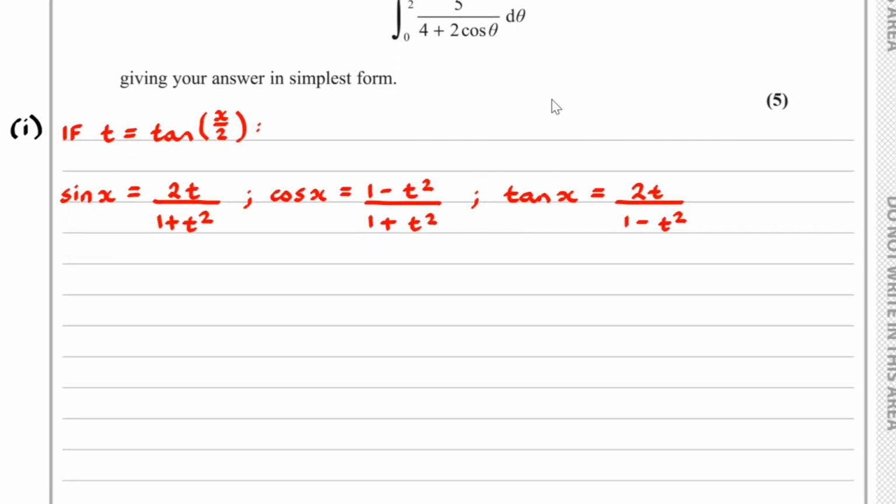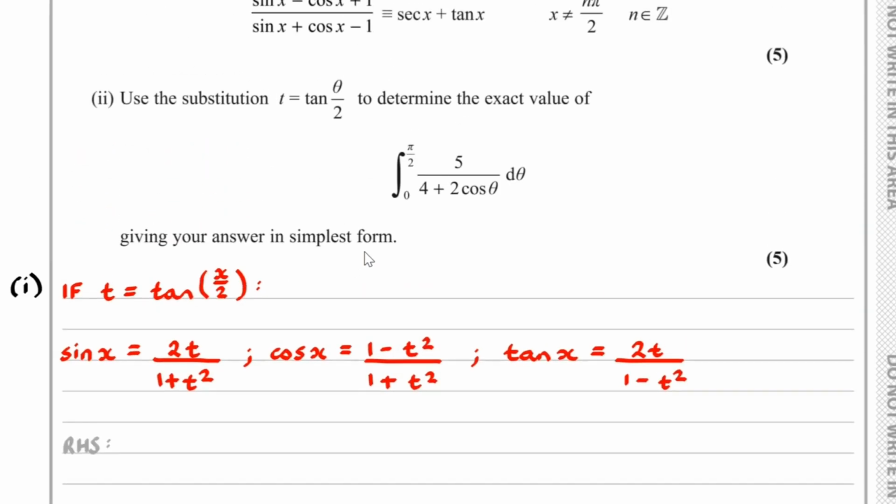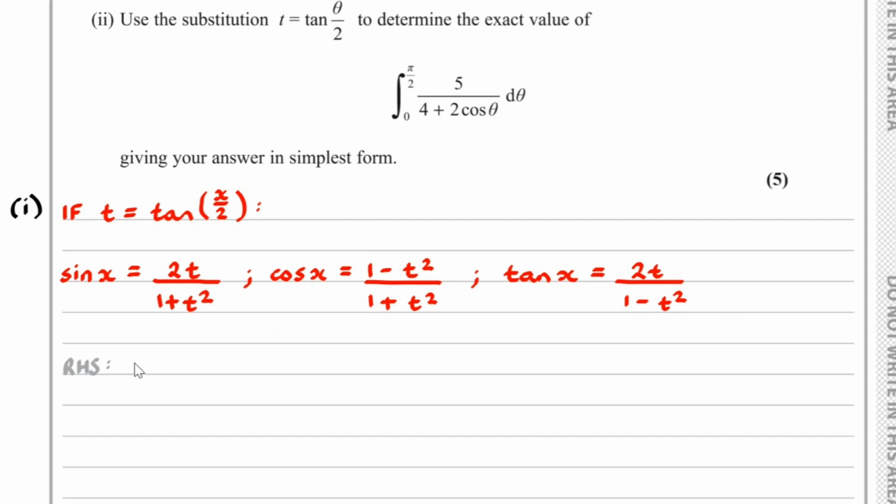So, on the right hand side we have sec x plus tan x. Again, the purpose of this is to form some sort of clues as to how to approach the question.